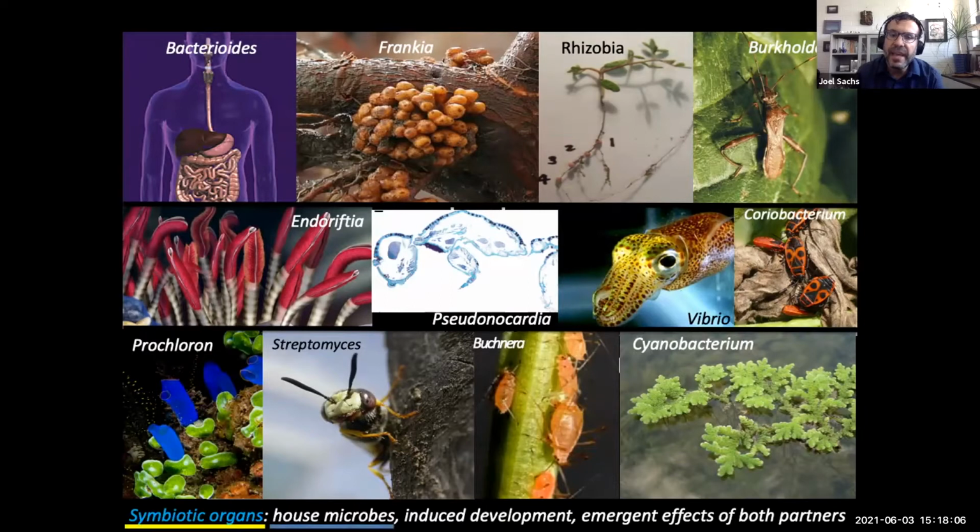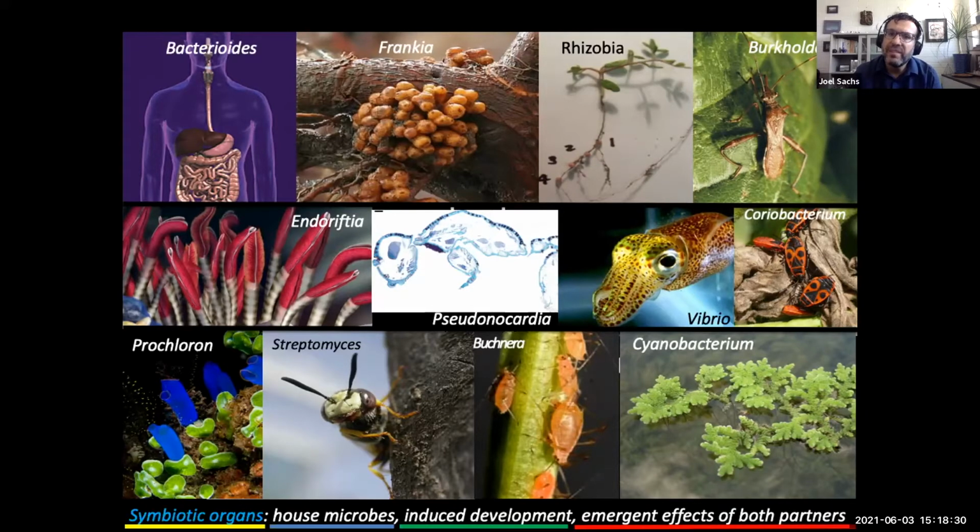One, they house very dense populations of microbial symbionts. Two, their development is induced or significantly altered only in the presence of those symbionts. And finally, the phenotype of these organs is an emergent feature that is shaped both by the genome of the host and by the symbiont.